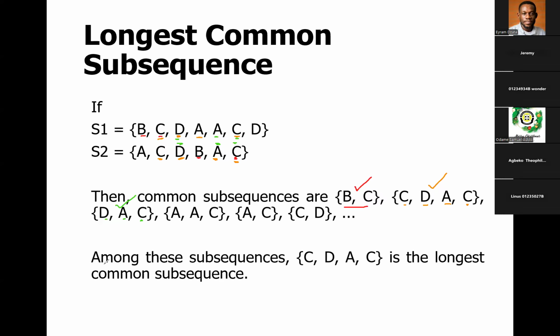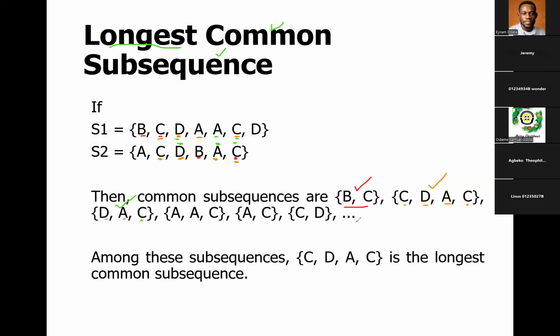Now, after getting the common note, we are looking at the longest subsequence. So far, what we've done is to look at the common one. Once you get all this as common, you can get more.